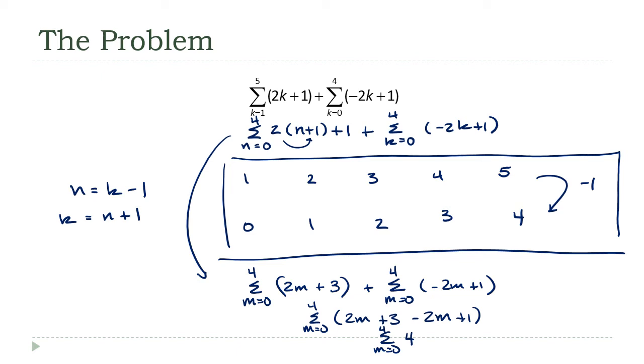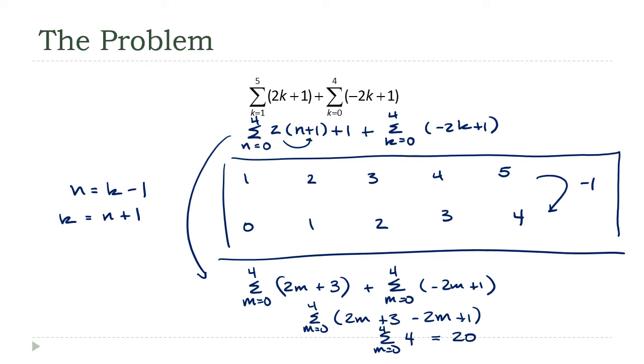When m is equal to 1, it's 4. When m is equal to 2, it's 4. And so on for all 5 of these numbers, 0, 1, 2, 3, 4. So what this is saying is add up 5 4s. Well, if you add up 5 4s, what do you get? That's just equal to 20. That would be our final result.